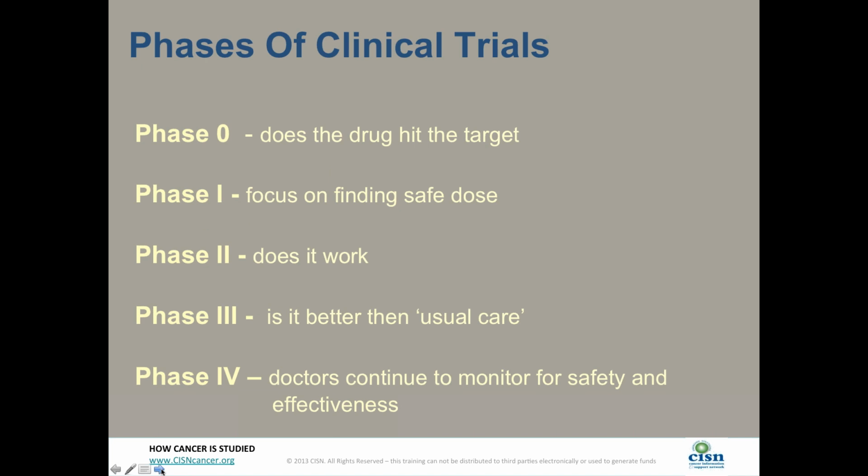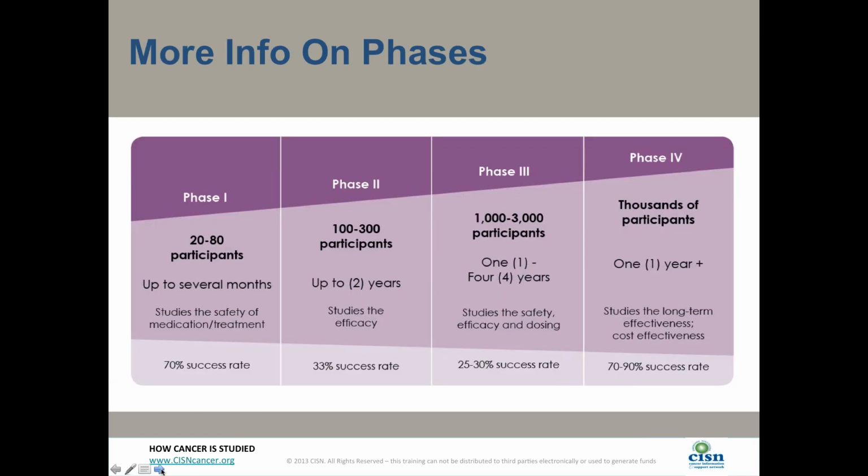Phase 1, find a safe dose. Phase 2, does it work? Phase 3, is it better than standard of care or usual care? And phase 4, are there some subgroups of people where we're starting to find other side effects or successes or failures? So we keep finding data. That's it in a nutshell. That's kind of what's happening.